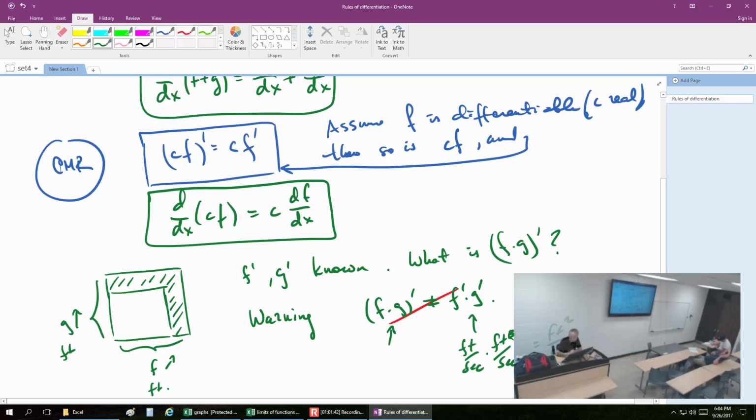Okay, on the left, what are the units? The rate of change of the area, what are the units? It'd be feet squared for the area itself, and the rate of change of this will be what? Not 2ft, that's the value itself, the product of f and g.